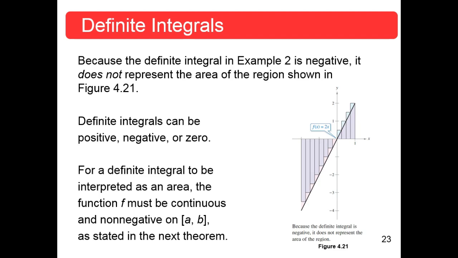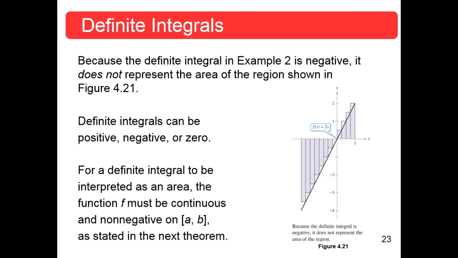Remember when we defined this, this is a positive thing because this is 2x minus 0. This is a positive area here. But this is 0 minus 2x, okay? So this is a negative area. So when you add the little positive area to a big negative area, you get a negative area.